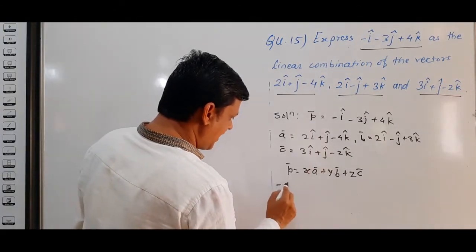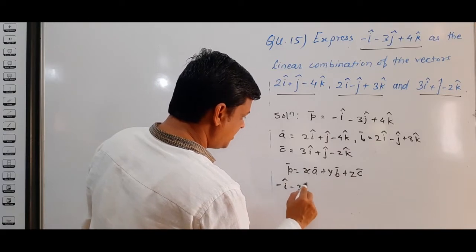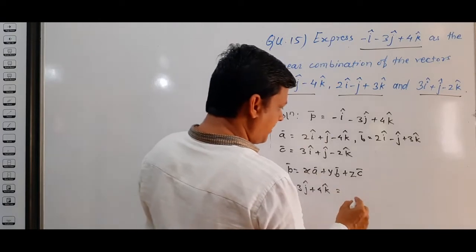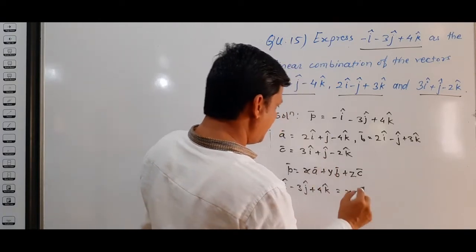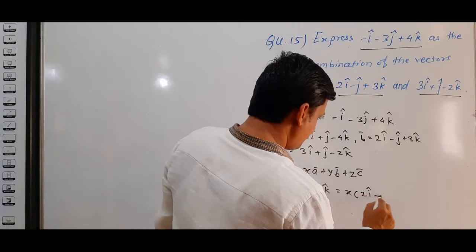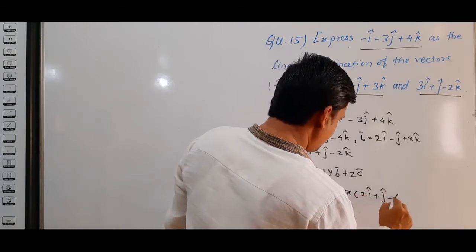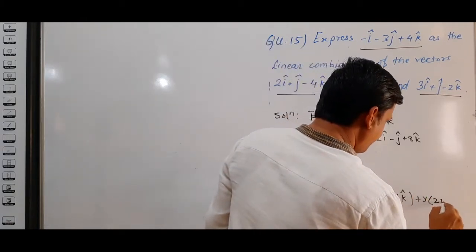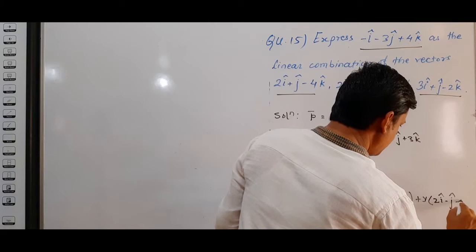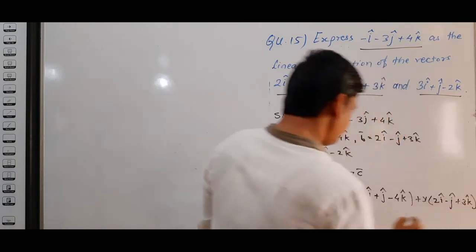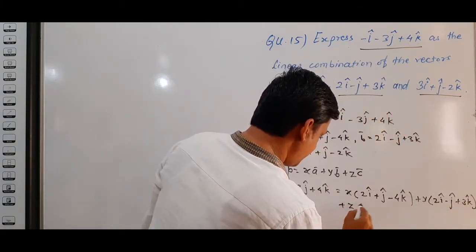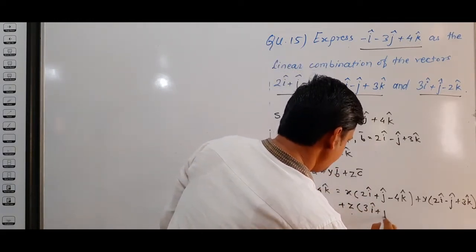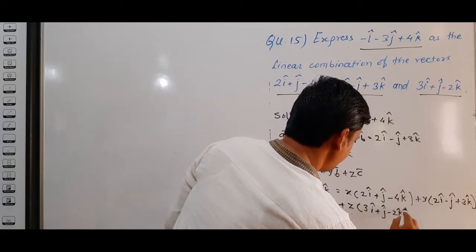Vector p is -i cap -3j cap +4k cap, equal to x into a bar, so x into 2i + j - 4k, plus y into b bar, 2i - j + 3k, plus z into vector c bar, 3i + j - 2k.